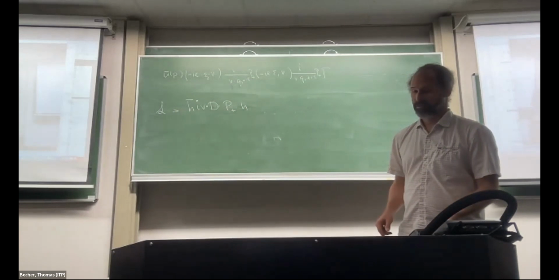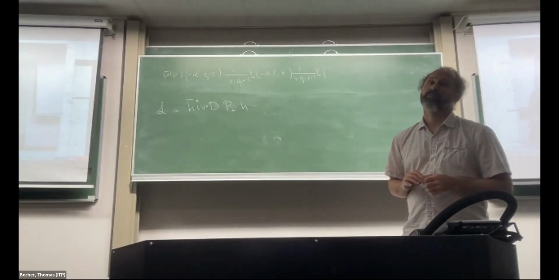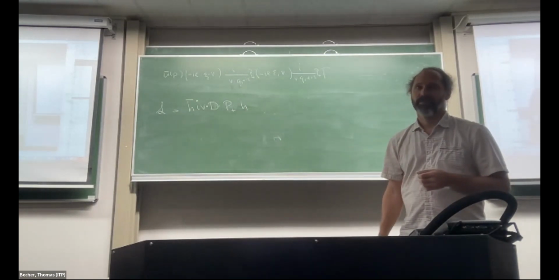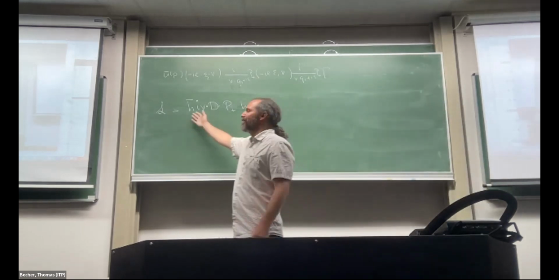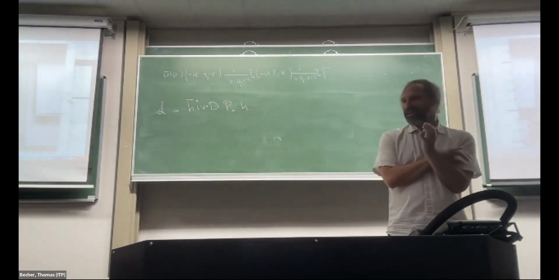So this Lagrangian that we now have, the H is just some auxiliary fermion field that I've introduced. This is now really super diagrammatic.